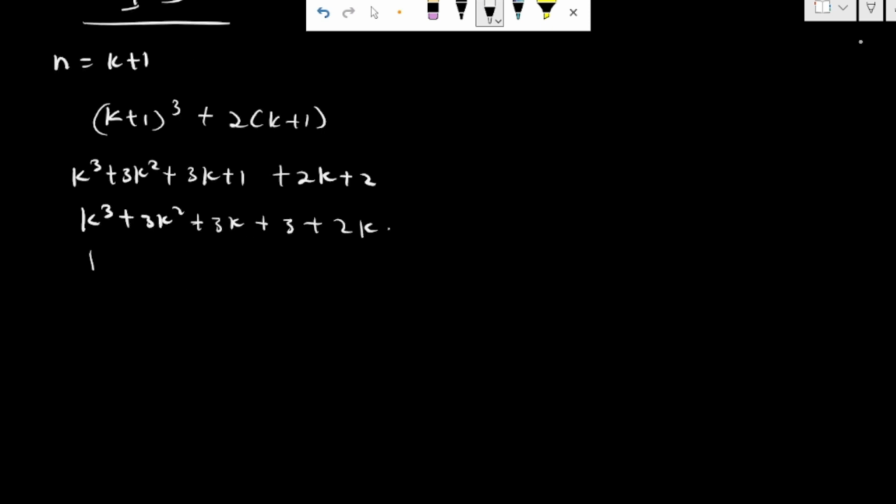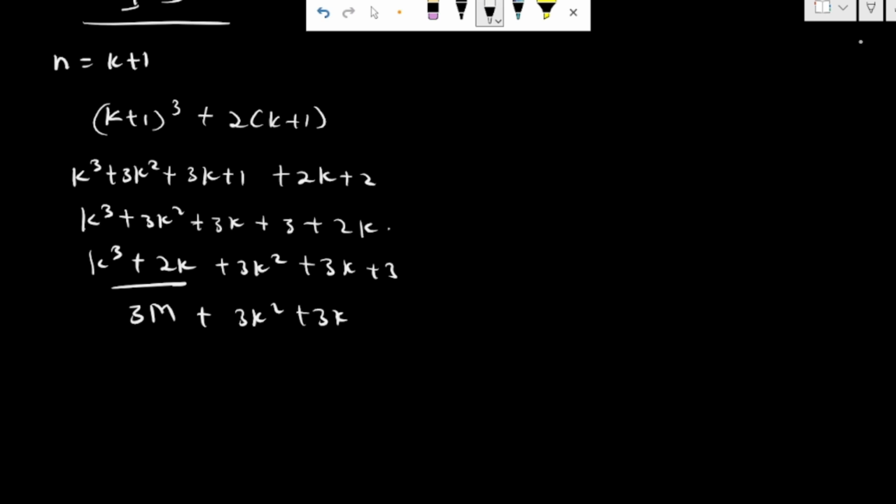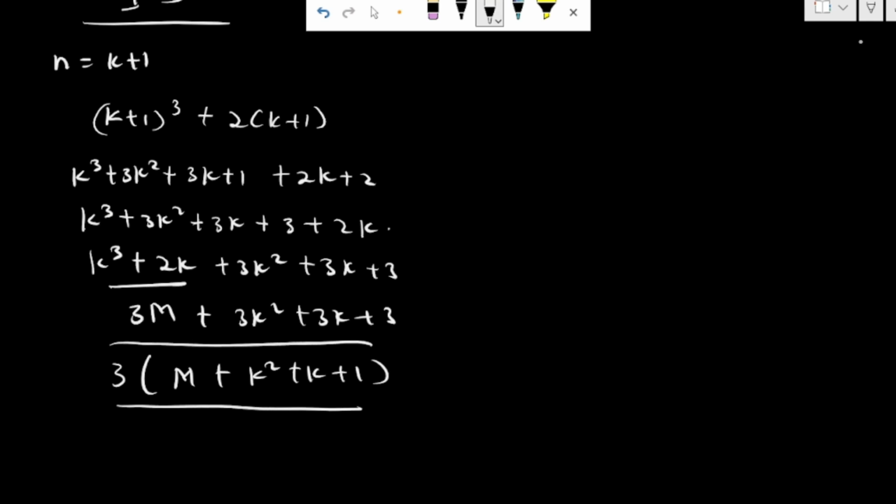So we simply replace k cubed plus 2k, plus 3k squared plus 3k plus 3. I replace this with 3n, so plus 3k squared plus 3k plus 3. At this point, I can factorize 3 out and I'll get 3 times (n plus k squared plus k plus 1). Once I've been able to factorize 3 out, we can clearly see that this is divisible by 3. Hence, our inductive approach is valid.